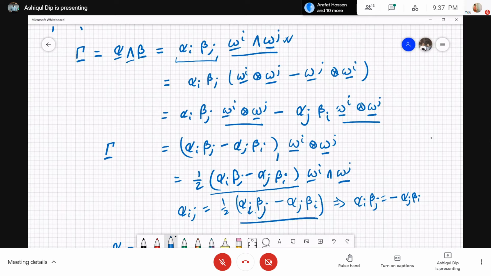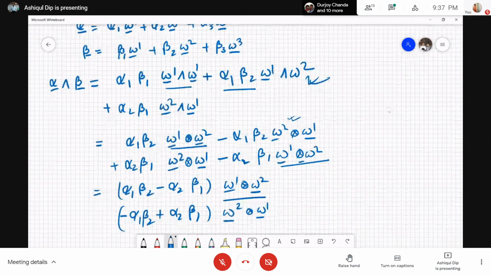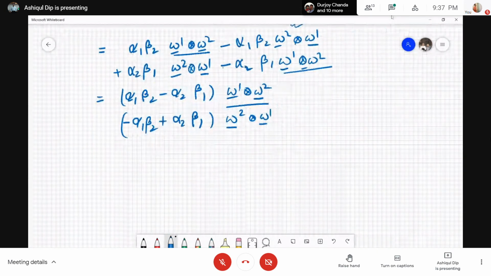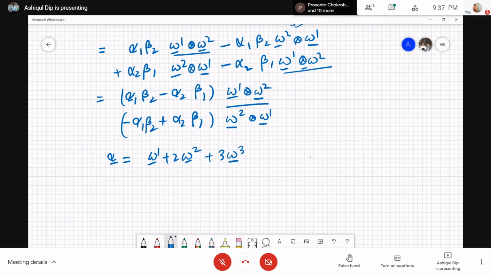Okay, let's just take a very specific situation. Let's say alpha has components 1, 2, 3, which means omega 1 plus 2 omega 2 plus 3 omega 3. That's right. And beta has components, say for example, 4, 5, 6.